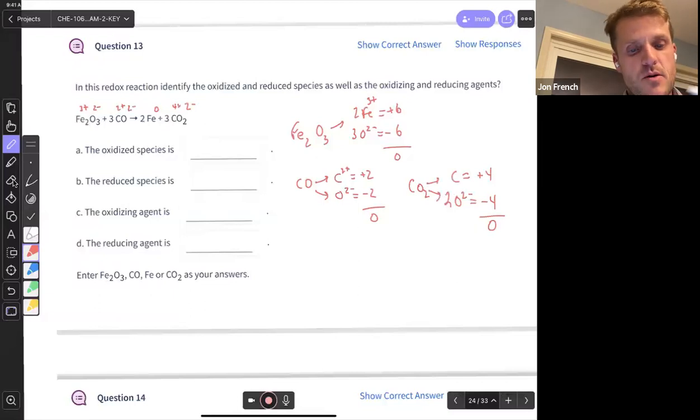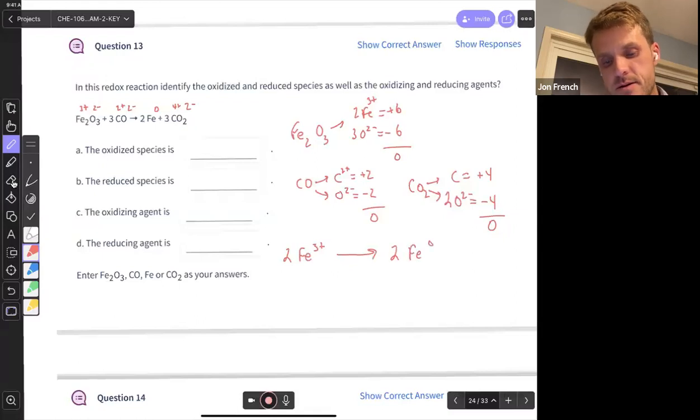All right, so let's do the half reaction. I've got 2 irons at 3+, and they go to 2 irons at 0. The other one's harder to see.